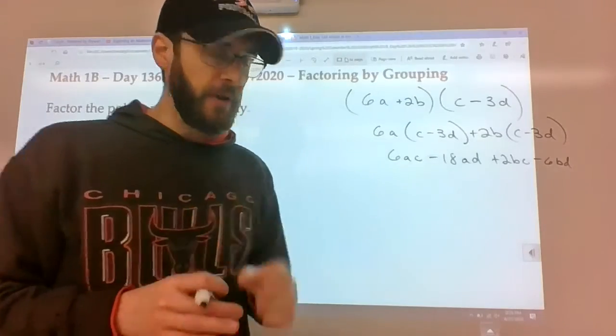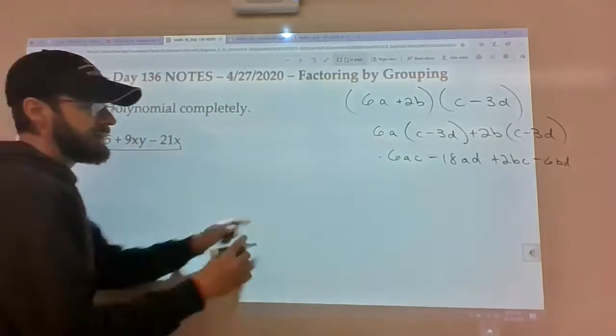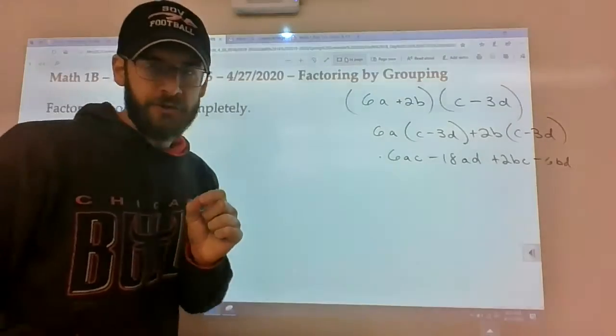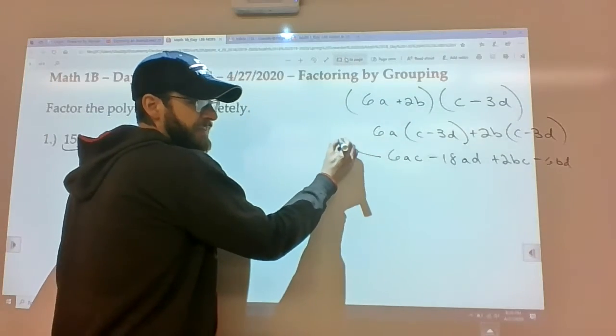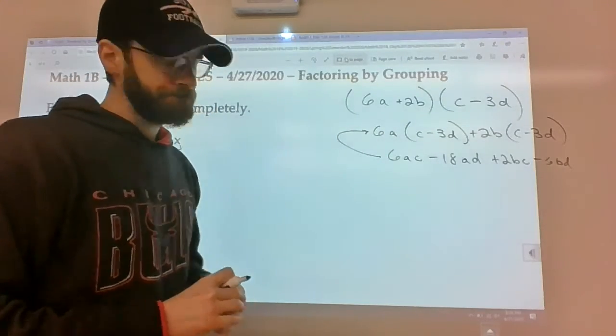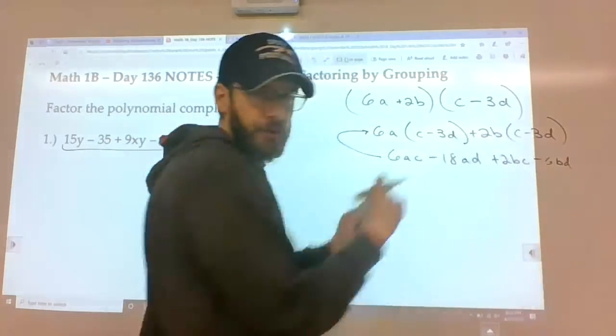So here's what we're doing. You're given a 4-term polynomial right here. We want you now to work backwards to this step. And then we're hoping we've got sort of like this identical twin situation.